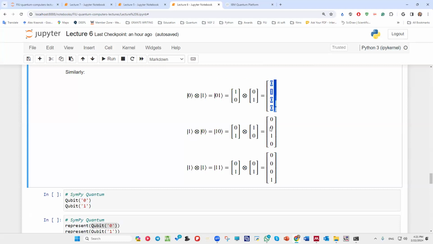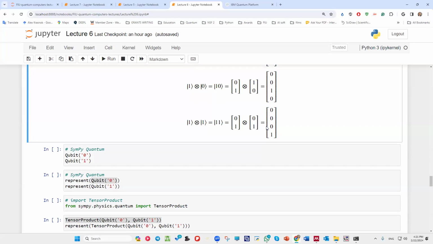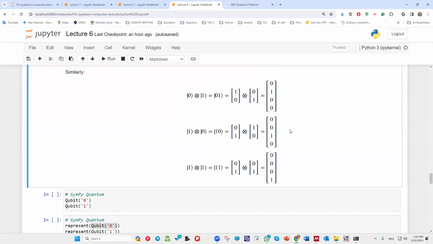So it's just 4 vectors encoding each possible state of the composed system.